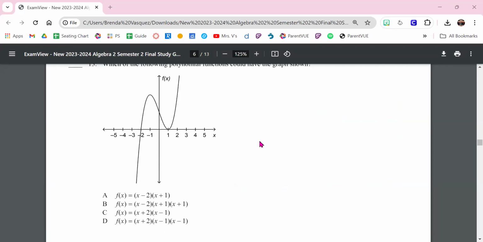What about number 13? Can you guys do number 13? What are my zeros? x equals -2 and x equals +1. Do we see any bounce backs? On +1, which means that that one is going to be repeated. We have two of them.